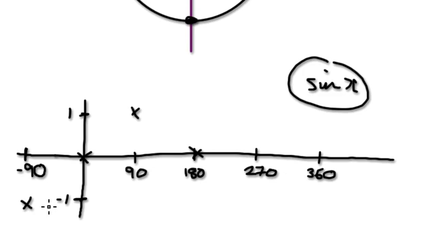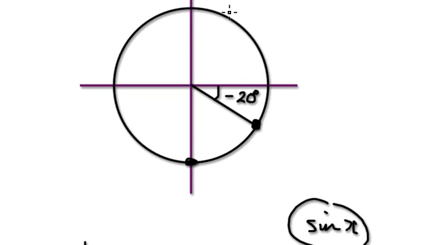So it will be here. Negative 90 from here to here is the same as 270. So you see, at 270 it is still negative 1.